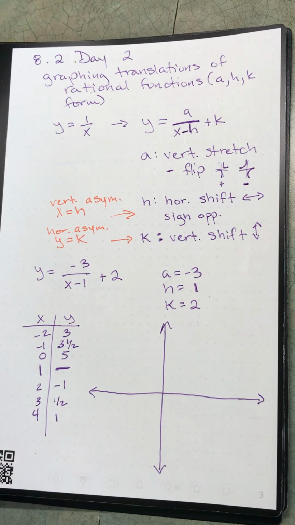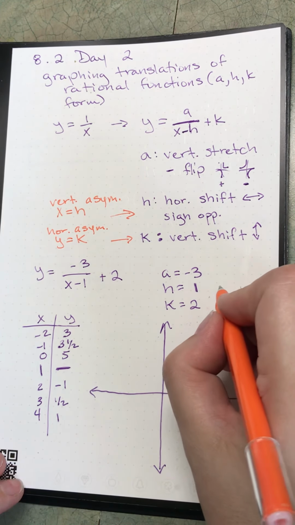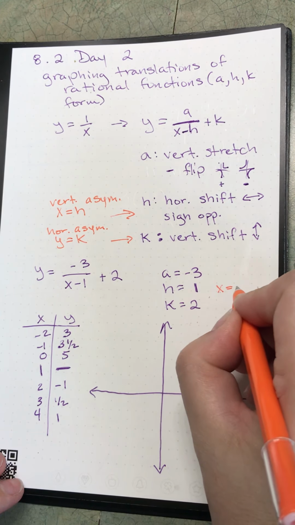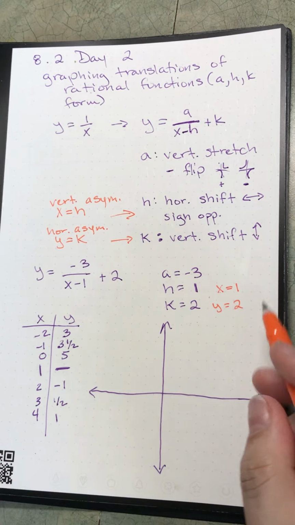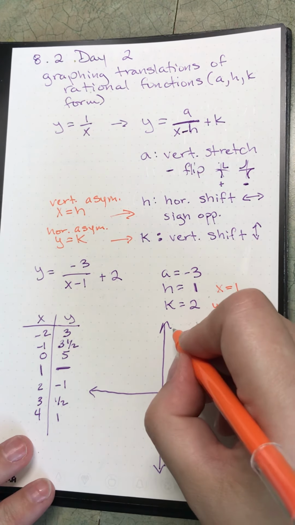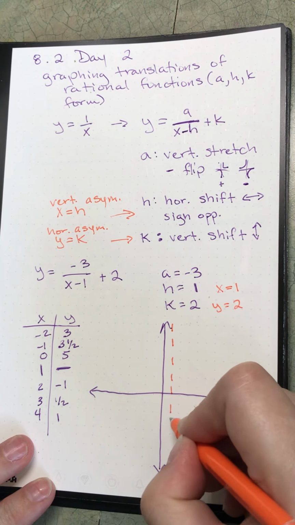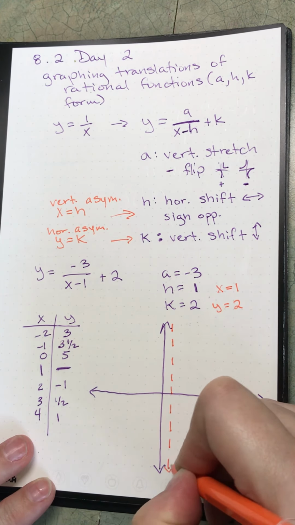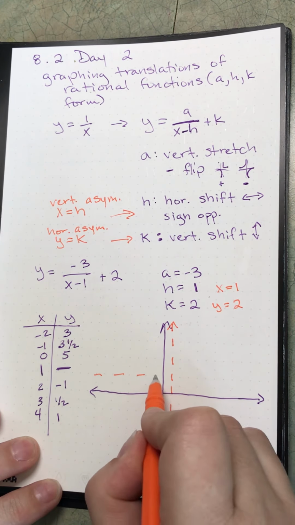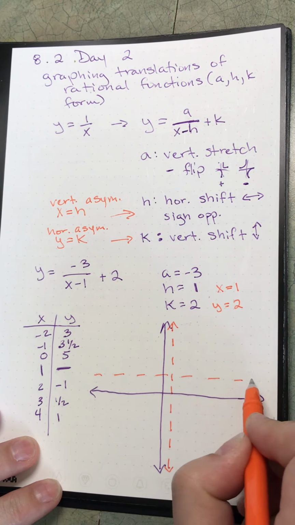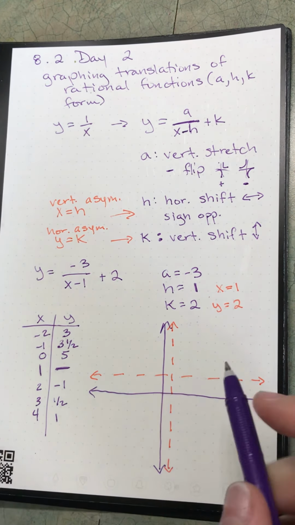So now I'm going to sketch in my asymptotes. So I have x equals 1 and y equals 2 as my asymptotes. So here's x equals 1. And here's y equals 2. And then I can sketch in those points.